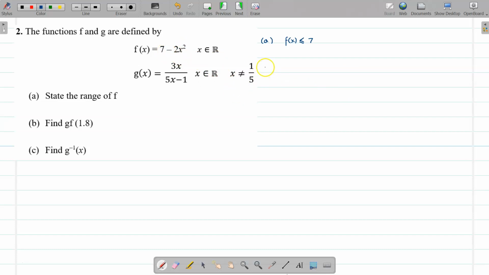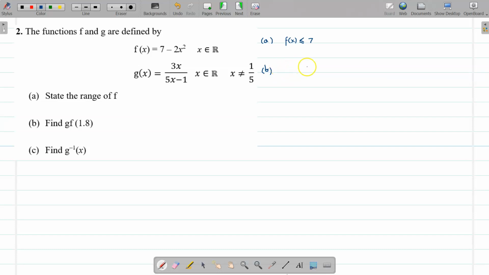Okay, part B, this is about composite functions. So I'm combining the function g with f. I'll just do it in one go.